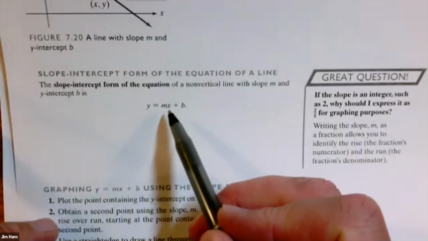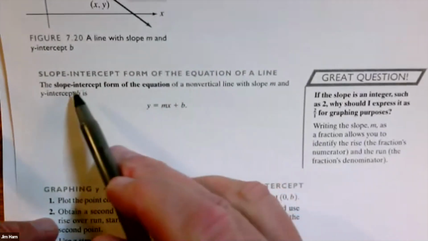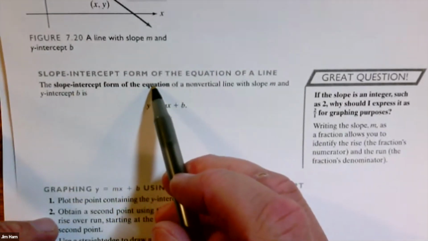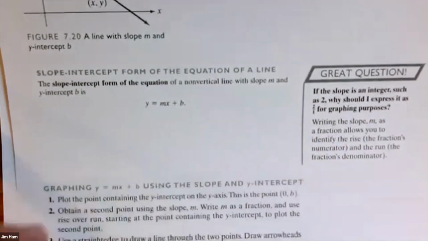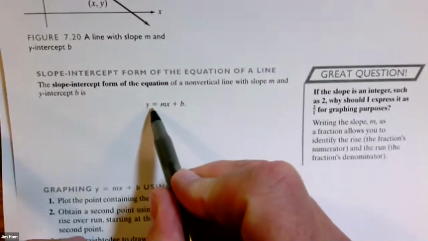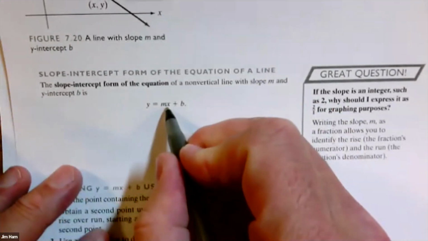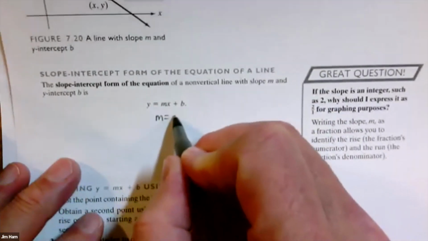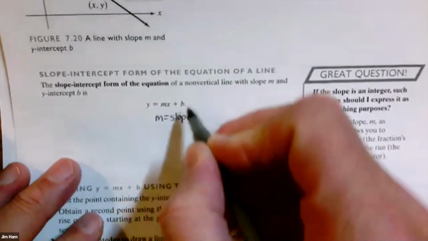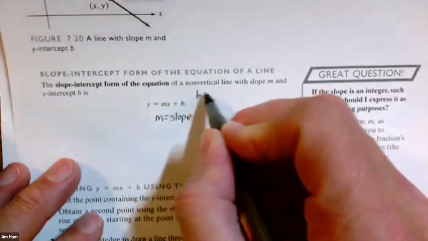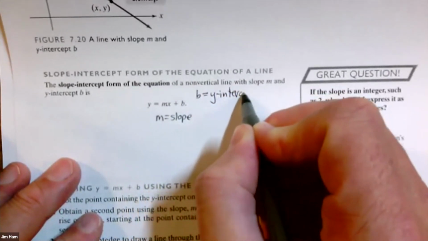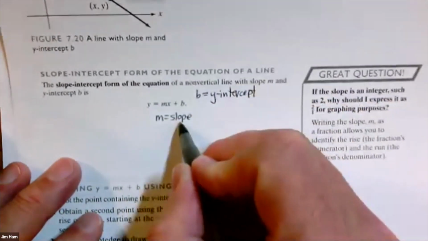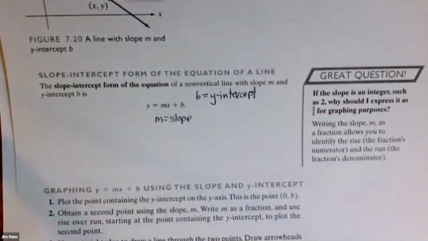And then here is the equation of the line. This is called the slope-intercept form of the equation of the line, because when you have the equation solved for y like this one, the number that's sitting in front of the x is the slope, and the number that stands over there by itself is the y-intercept. And so we call this the slope-intercept form of the equation of the line.